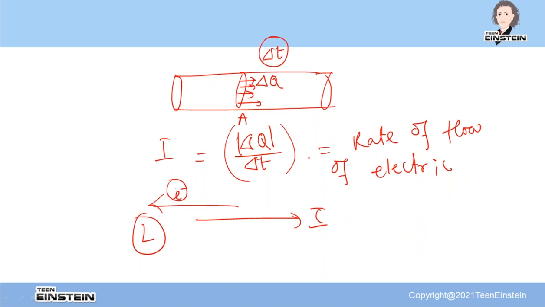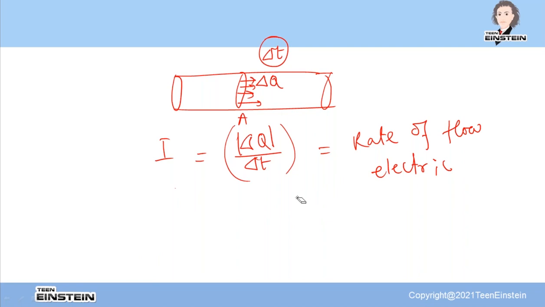So this is the definition, and further we can define it more precisely. Rate of flow of electric charge.